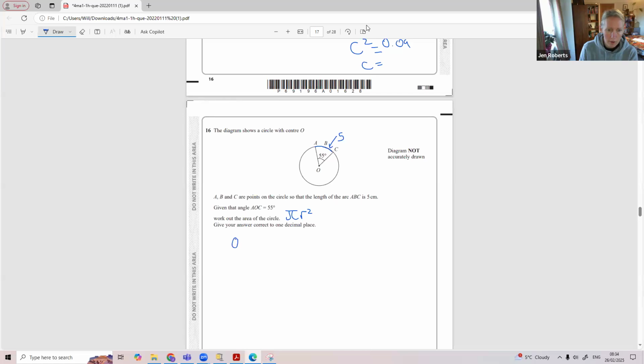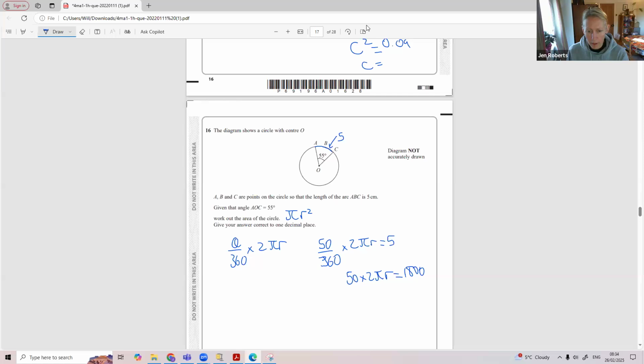It's theta over 360 times the circumference of your circle, which is 2 pi r. Theta is 50. So we know 50 over 360 times 2 pi r is equal to 5. And we need to manipulate that to work out r. I'm going to times both sides by 360 first, which gives you 50 times 2 pi r equals 1,800.